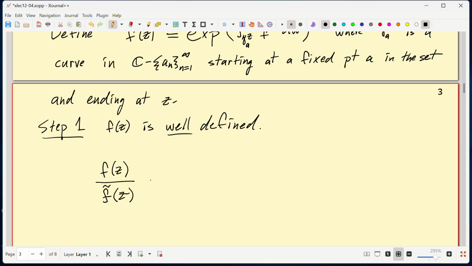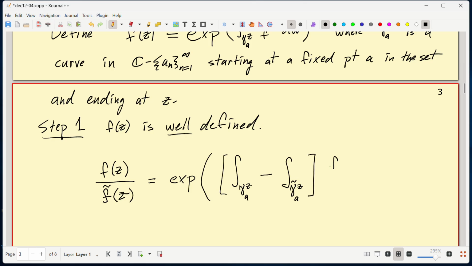And of course, the exponential satisfies the great property that this would be the exponential of the integral over gamma with no twiddle, minus the integral over the gamma with a twiddle, a different gamma perhaps, of f prime over f.